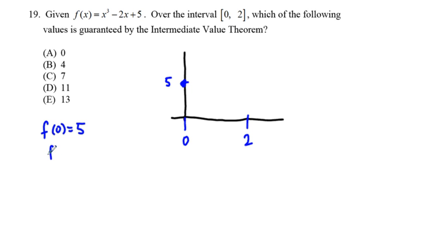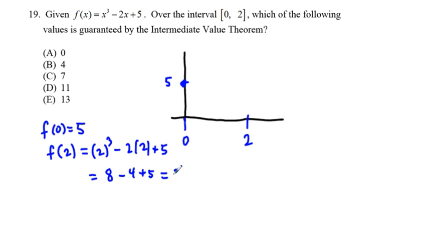And then f of 2 is going to be equal to 2 cubed minus 2 times 2 plus 5. 2 cubed is 8, minus 4 plus 5. So 8 minus 4 is 4 plus 5 equals 9. So at 9, we're going to get an output value.